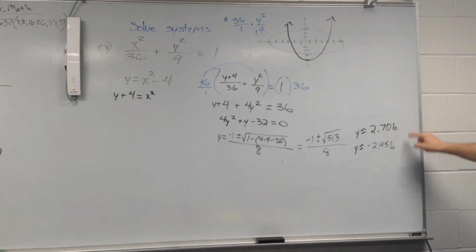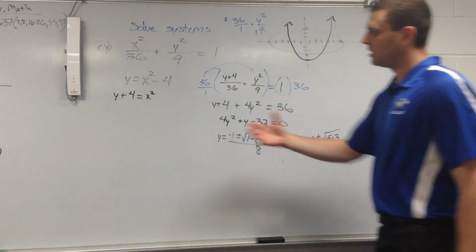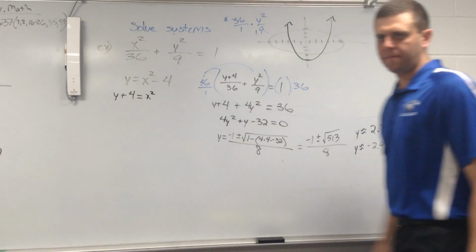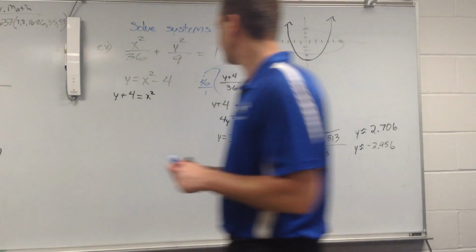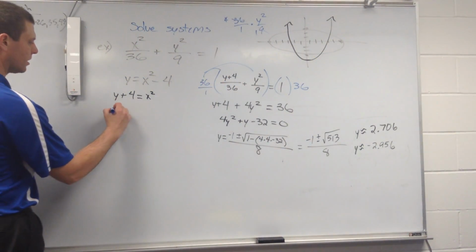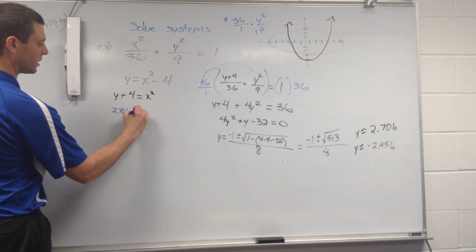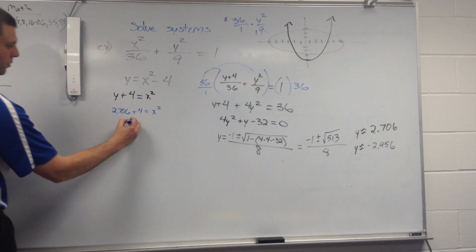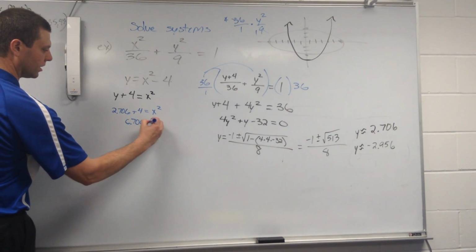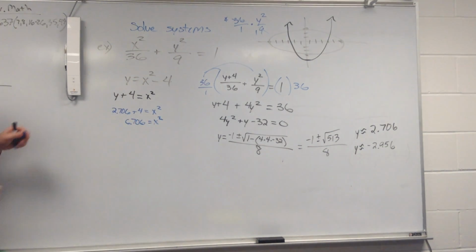Now, if these are the y values, we have to plug those in to get the x values, right? So, 2.706 plus 4 equals x squared. In other words, 6.706 equals x squared.